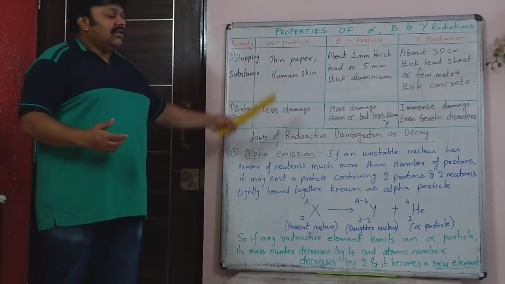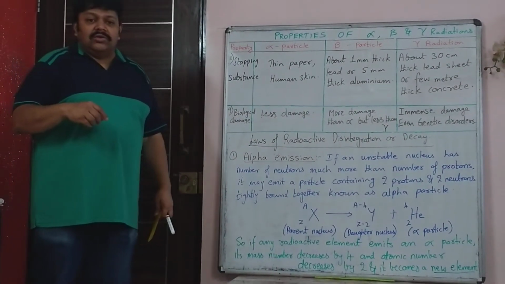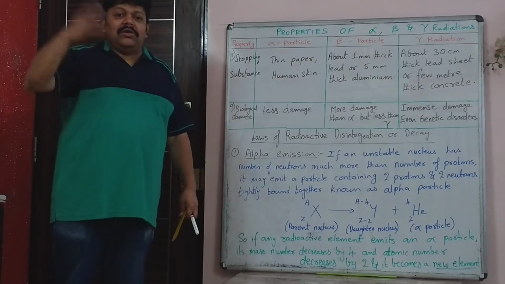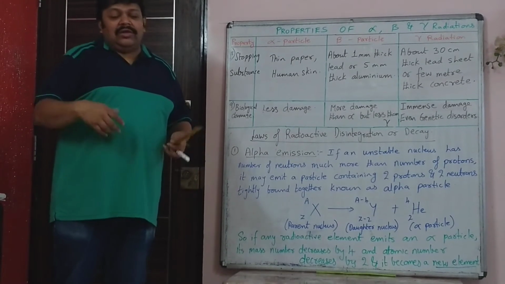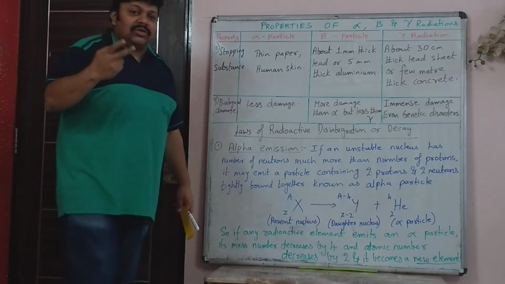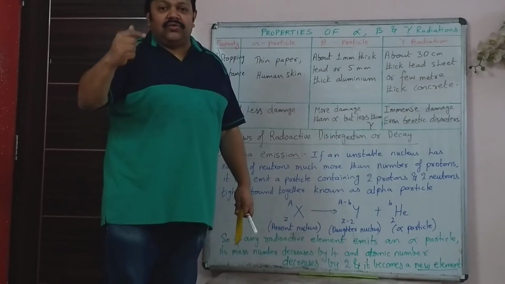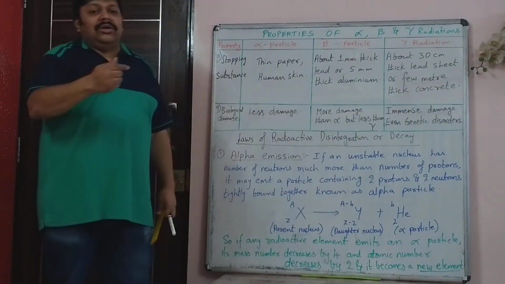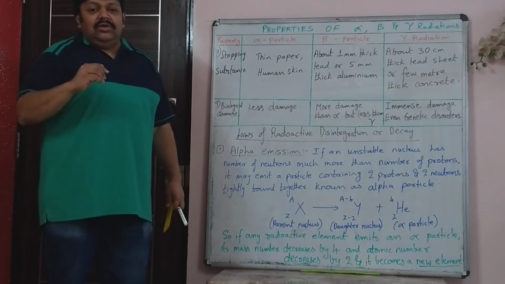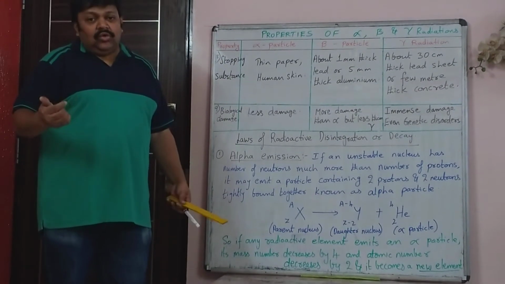You had just seen in the properties of alpha that it is 2 protons and 2 neutrons. So the nucleus has got rid of 2 protons and 2 neutrons. So obviously the mass will go down by 2 plus 2, 4. And atomic number is the number of protons, so the atomic number will go down by 2.